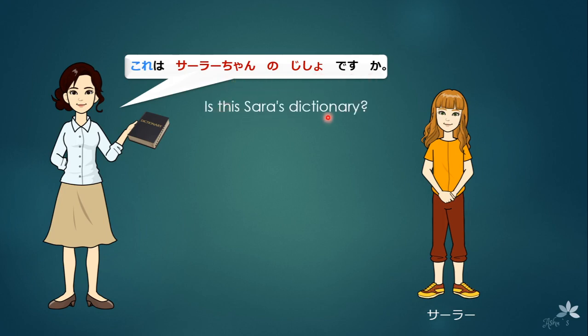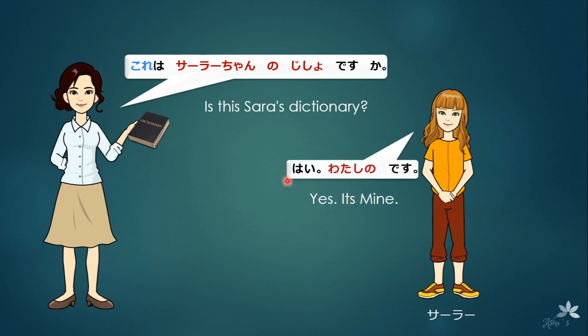Is this Sarah's dictionary? The girl's name is Sarah, so she's asking, is this Sarah's dictionary? はい、私のです。And so she says, yes, it's mine.